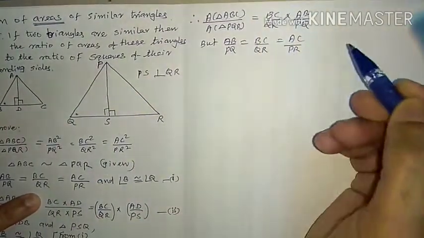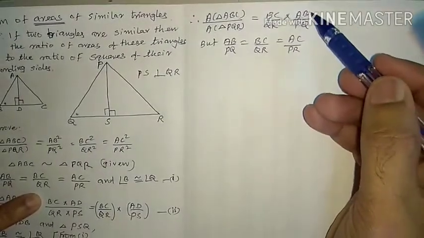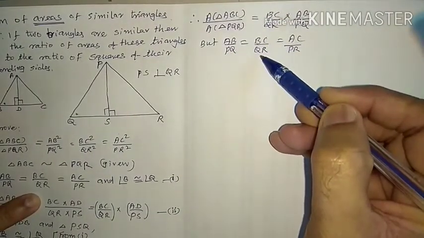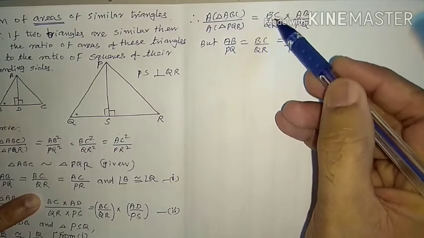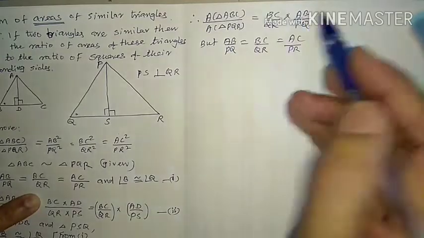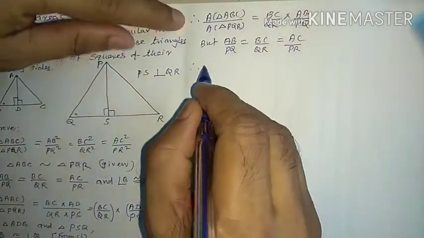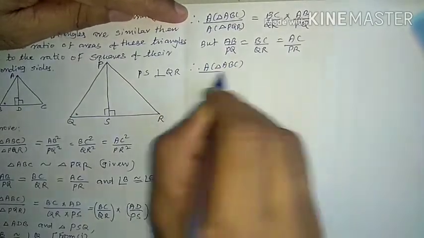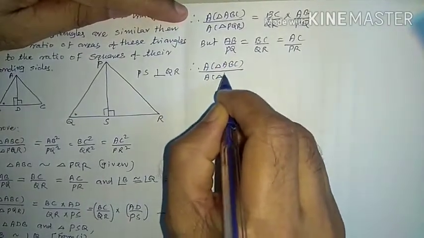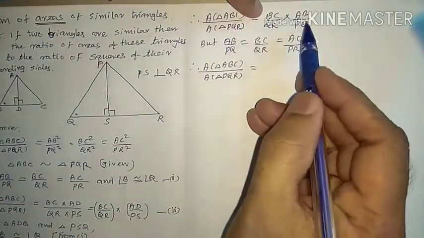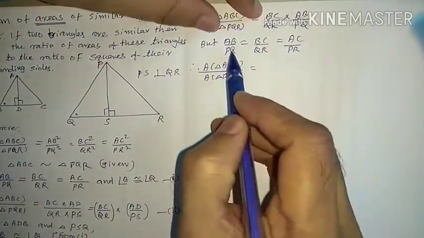It means this AB upon PQ you can replace with BC upon QR, or BC upon QR you can replace with AB upon PQ, so that we are getting this one. Therefore, area of triangle ABC upon area of triangle PQR is equal to, we replace this BC upon QR with AB upon PQ.